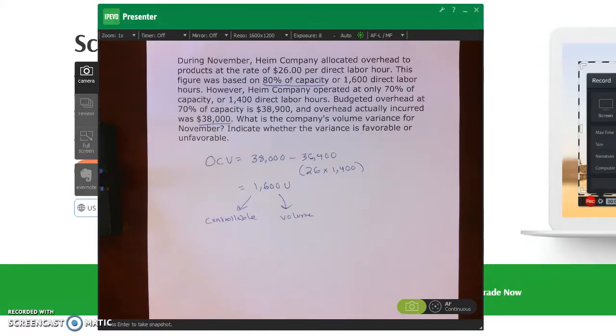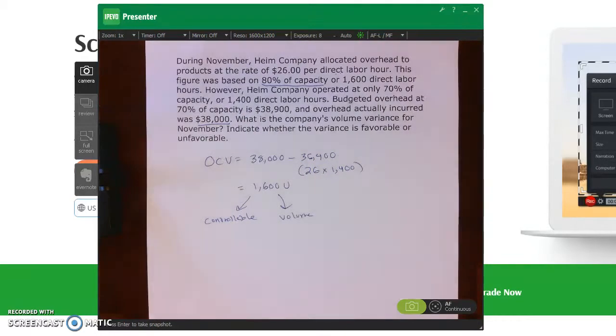Okay? So the overhead they should have had is how much overhead they should have had at the flexible budget level of actual performance. Their actual performance was 1,400 hours, right?